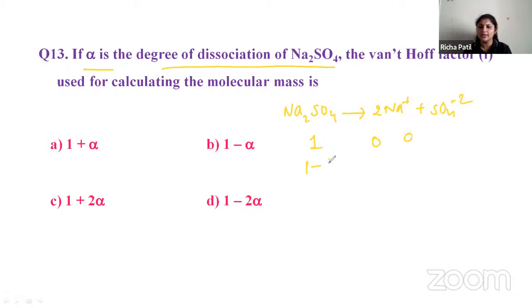So this is 1 minus alpha, this is 2 alpha, this is alpha only. So the i factor is given as 1 minus alpha plus 2 alpha plus alpha divided by 1. Okay, so it is 1 plus 2 alpha. The answer is C. 1 plus 2 alpha. So we'll solve some questions from previous year's paper.